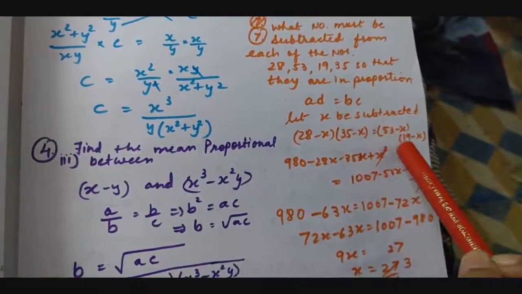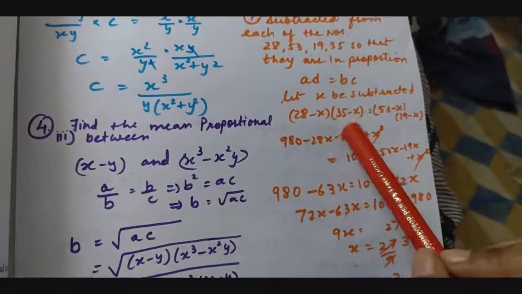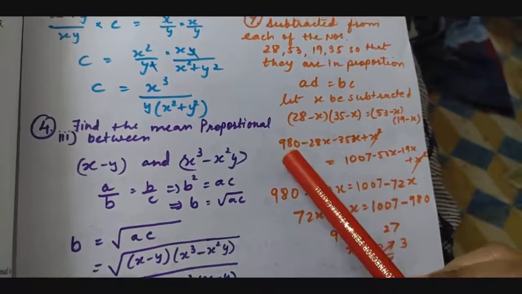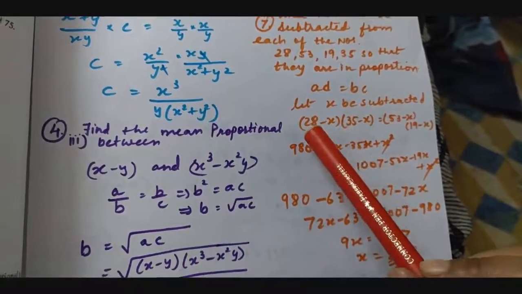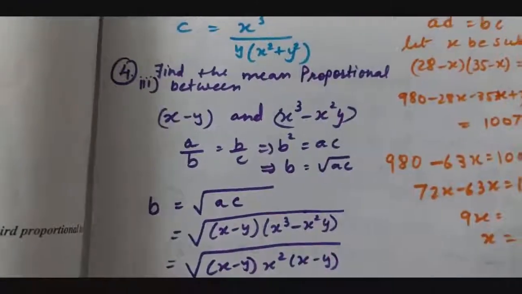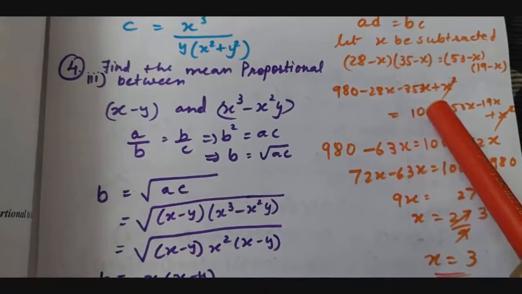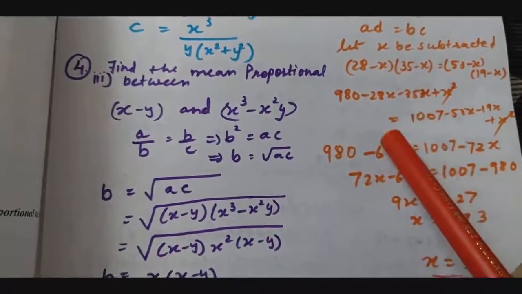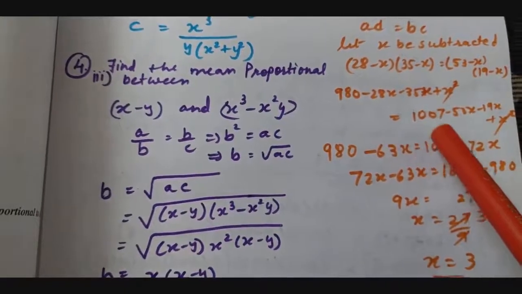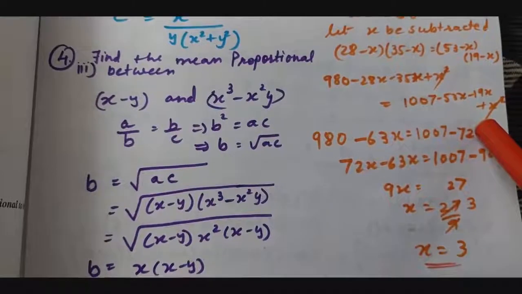So likewise you have to arrange them and then you have to take binomials multiplication. 28 into 35 is 980, then minus 28x minus 35x plus x square is equal to 53 into 19, 1007, minus 53x minus 19x plus x square.